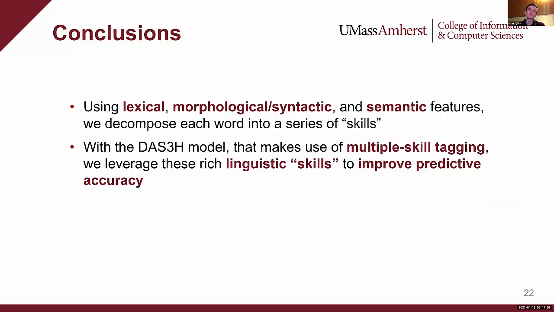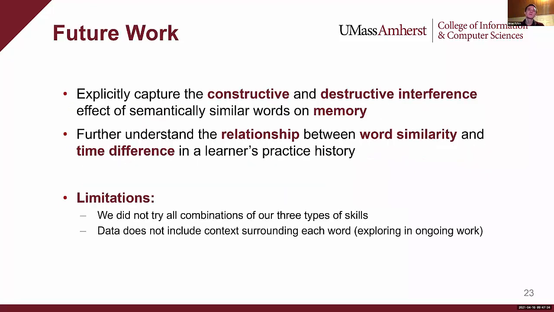With the -3H model that makes use of multiple skill tagging, we leverage these rich linguistic skills to improve predictive accuracy. In future work, we hope to explicitly capture the constructive and destructive interference effect of semantically similar words on memory, and further understand the relationship between word similarity and time difference in a learner's practice history.